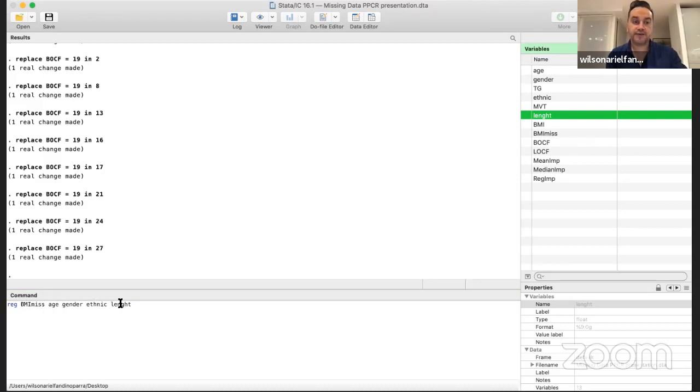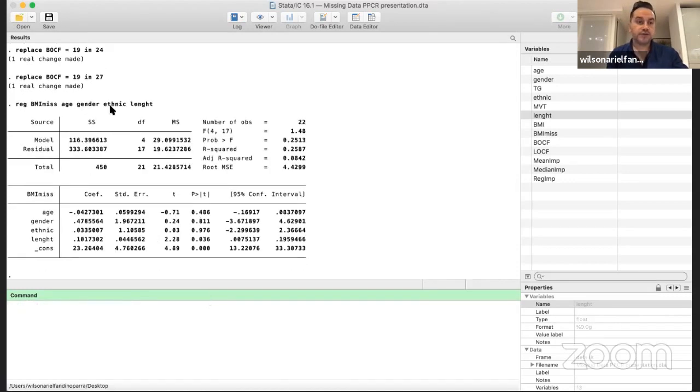So this is also important as well. Okay, so let's imagine that you decide to include as independent variables the age, the gender, the ethnic, and the length, for example. So just run a regression model, and then you will have the coefficients here.